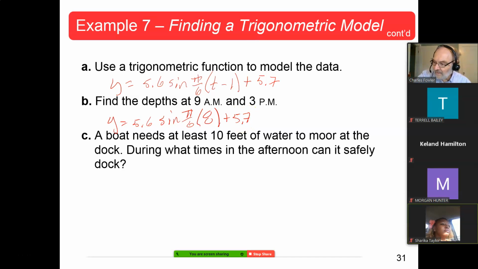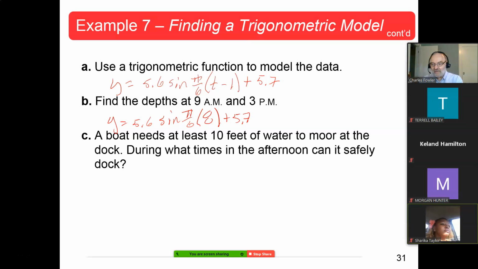Okay, pull out the handy dandy calculator. Get it activated again here. Turn it sideways so you can use the pi. Now if they use theirs, you wouldn't have to, yeah, you still need it that way for sines. Okay, so I'm going to have to be careful here. That is 5.6 times. Now I've got to do the sine of this. So 8 over 6 is going to be 4/3.